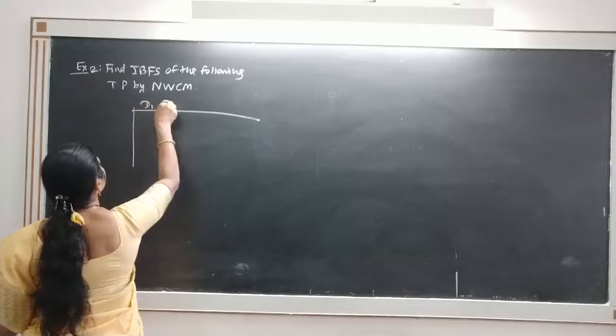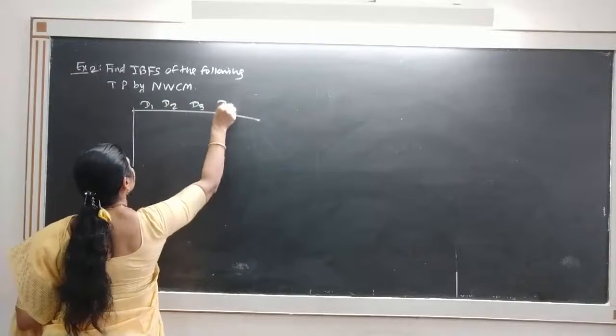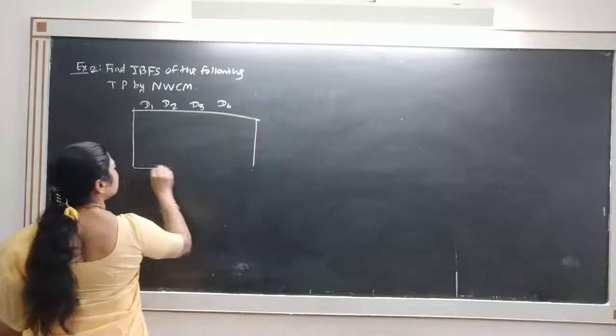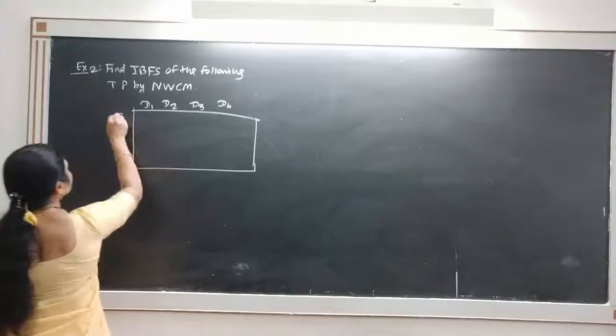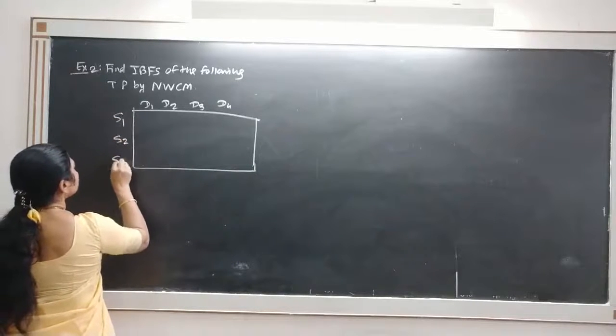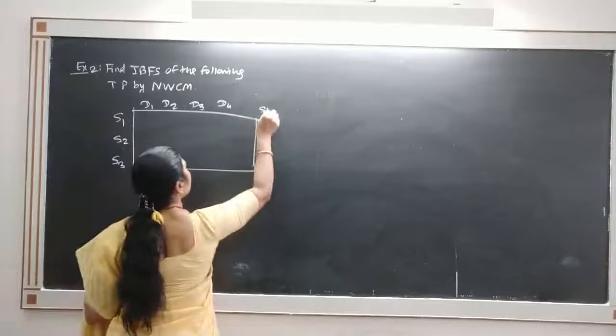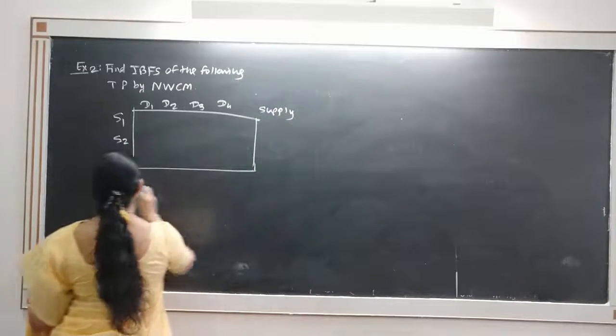Consider the destinations D1, D2, D3, D4 and sources S1, S2, S3, corresponding supply and demand.